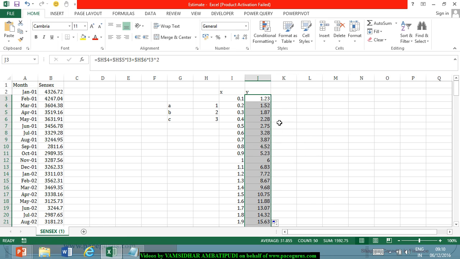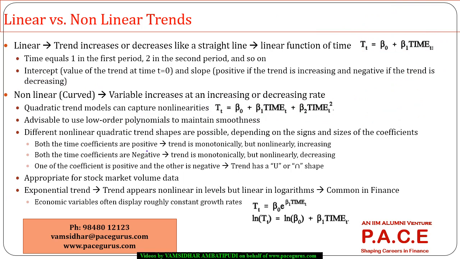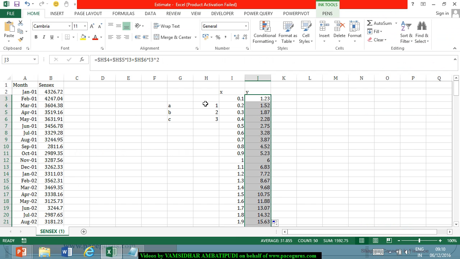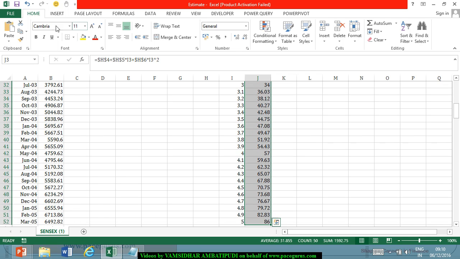Now I want to plot this graph, wherein you could see here in this example, the importance is with a, b and c, these two coefficients, beta 1, beta 2. Both the time coefficients are positive. Then if I am trying to plot this graph, look at the outcome.